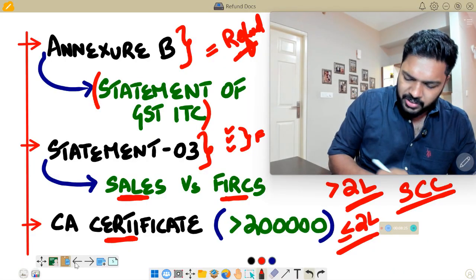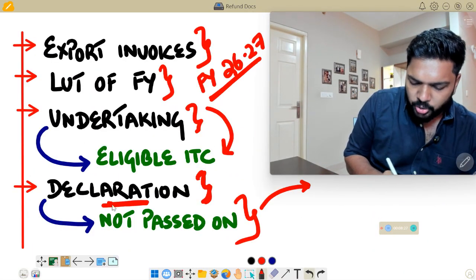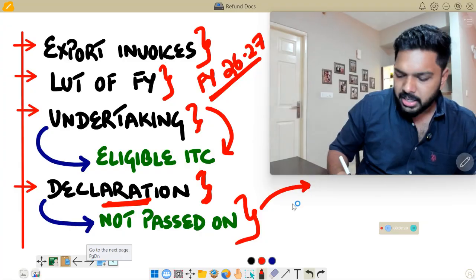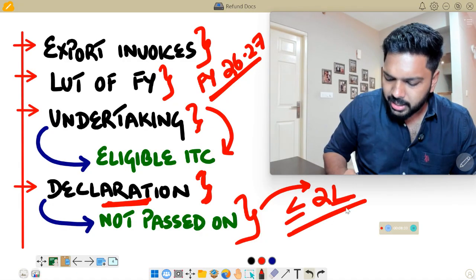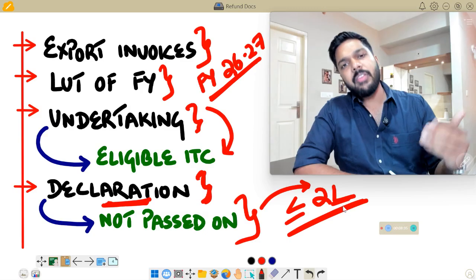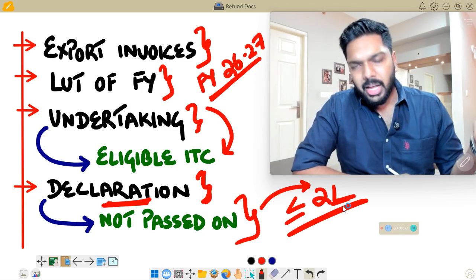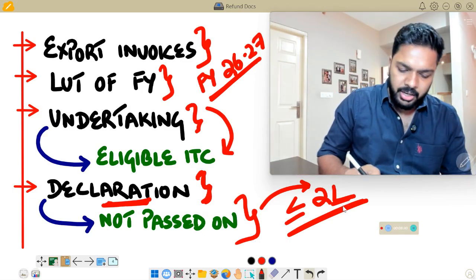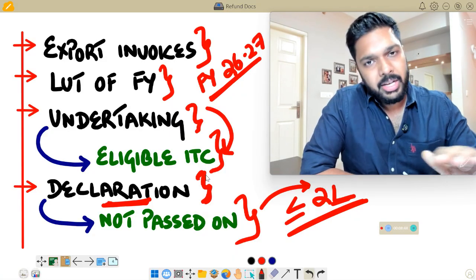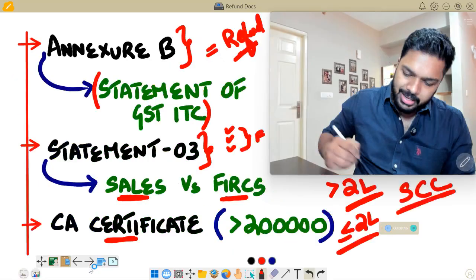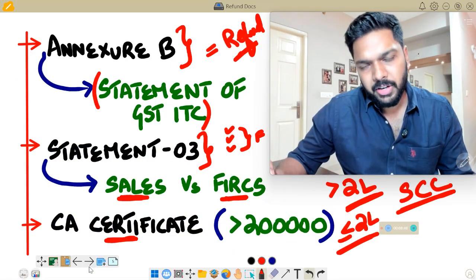So this certificate is the same as a declaration that you're giving. So if the amount of ITC is less than or equal to 2 lakh rupees, then a CA certificate is not required. You're anyway giving a declaration that the ITC has not been passed on and an undertaking that the ITC that you're claiming refund for is not ineligible. If it is exceeding 2 lakh, then you need to get a CA certificate, of course.